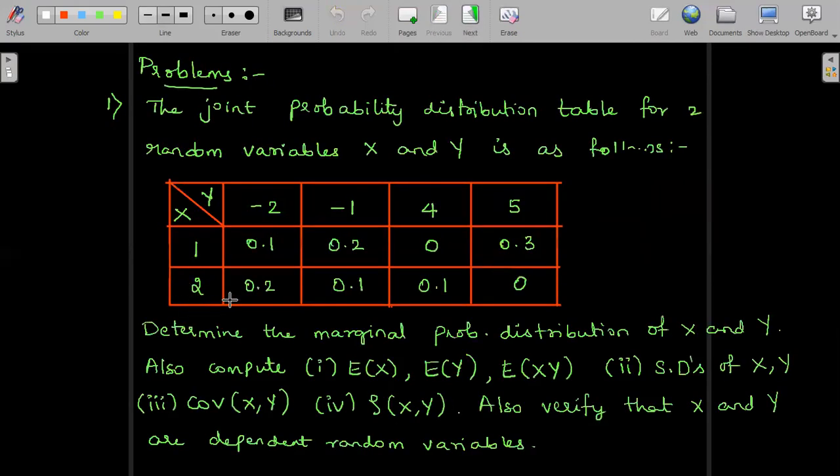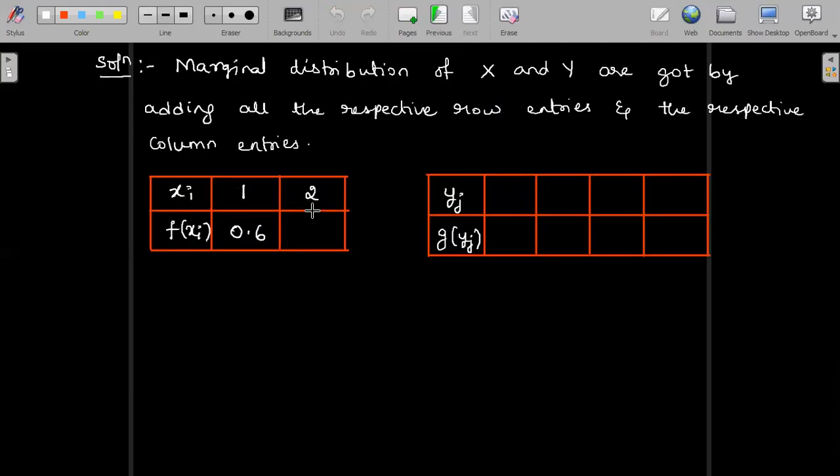So 0.2, 0.1, 0.1 gives us 0.4. And recall, the sum of the probability values should be equal to 1. So 0.6 plus 0.4 is equal to 1.